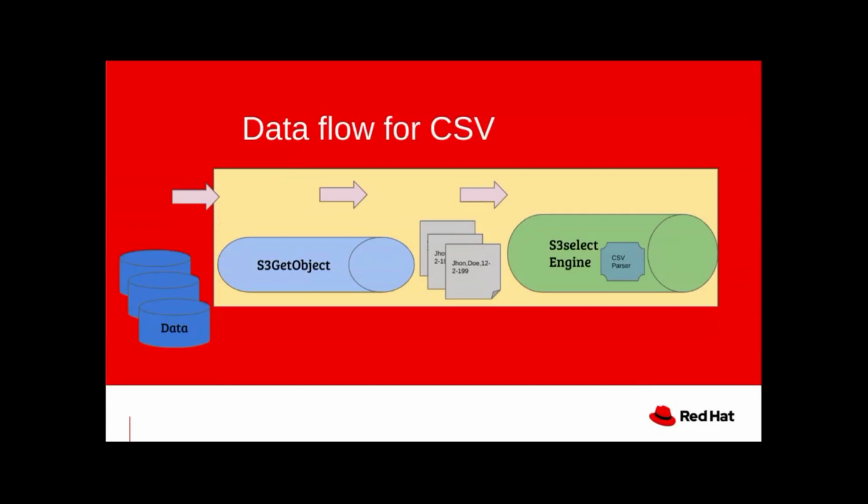Okay, so some explanation as for the flow of each type, and the differences between the different data sources. CSV is the most simple format. It does not support data types. It has some kind of a trivial schema support.